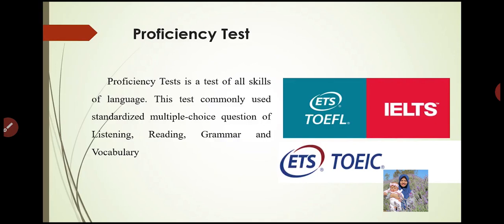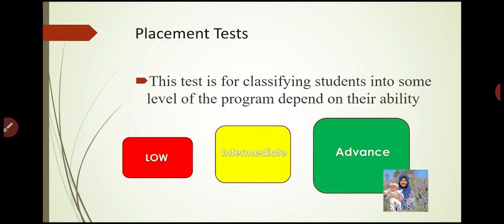The next is the proficiency test. A proficiency test is a test of all skills of language. The test commonly uses standardized multiple choice questions of listening, reading, grammar, and vocabulary. For example, the TOEFL test. Recently, they also include speaking and writing, like in the IELTS test. Next is the placement test.